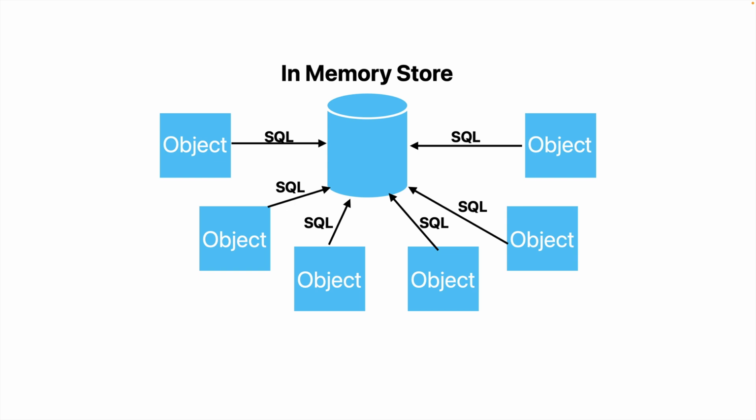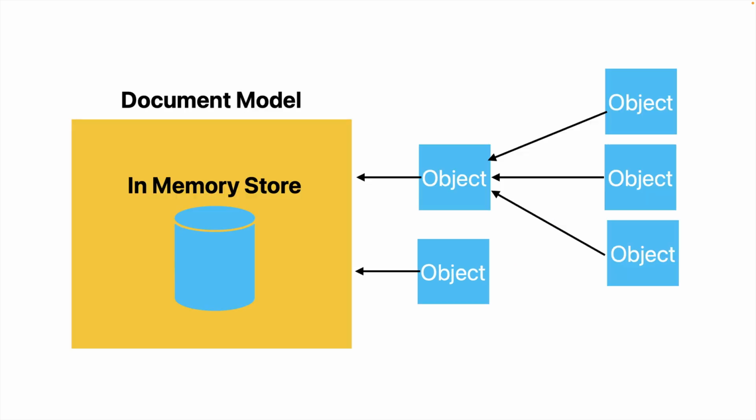We don't want that. We just want to have a very simple interface where all these objects can be talking to this interface and what's under the hood is being handled. So we want something more a bit like this, where these objects are talking to this model, and the model takes care of all the work in the memory store.